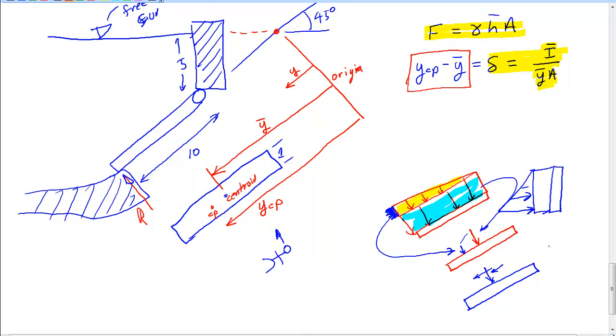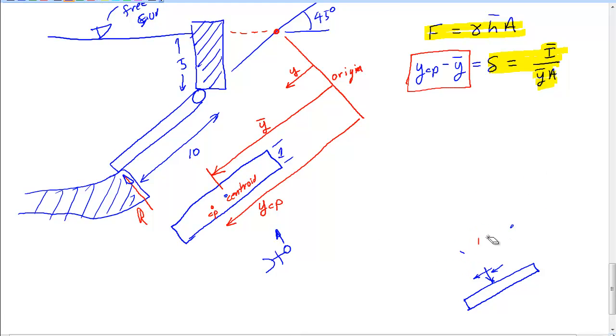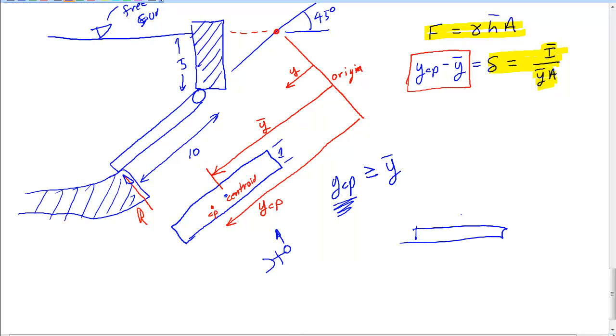So if you see what I mean, again, this is because the depth of this location is lower than the depth of this in the water, meaning the pressure is higher down here than it is up here. If that's the case, you end up with this little load that's 1/3 of the way over. That's why, if you look at these, you'll find that y center pressure is always greater than or equal to y bar, meaning that if the gate is flat on the bottom of the ocean, they're equal.